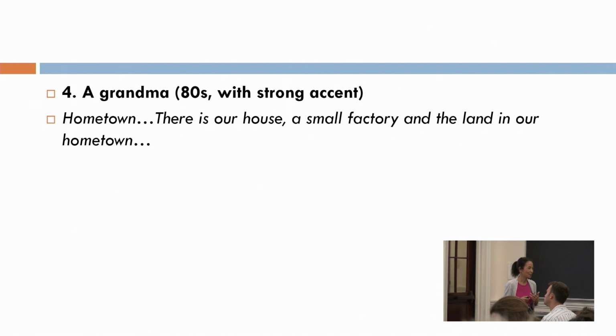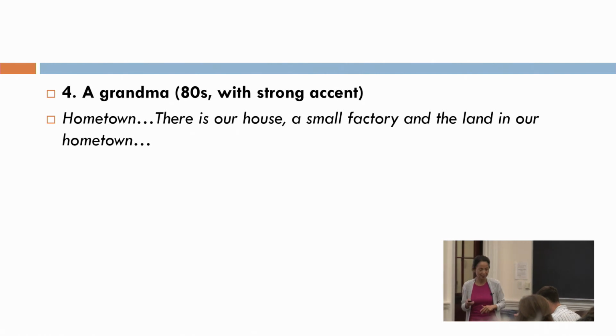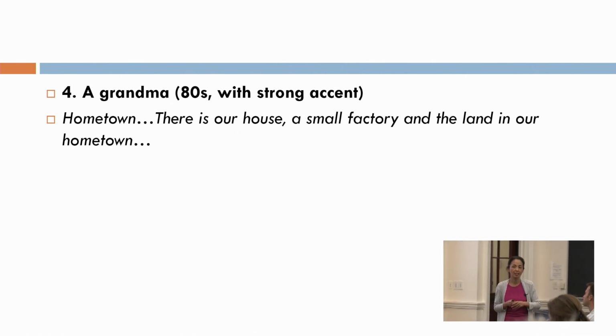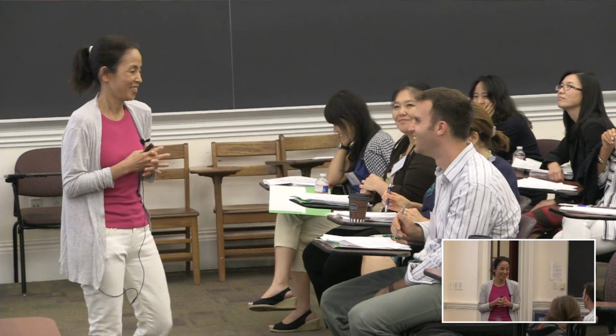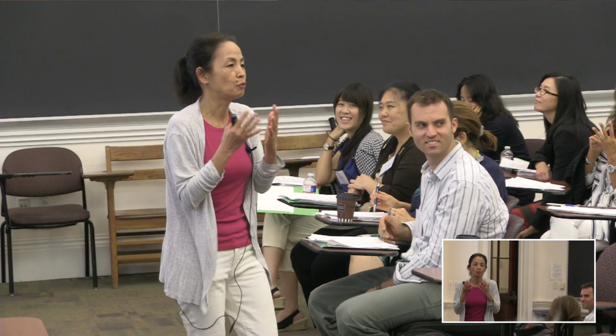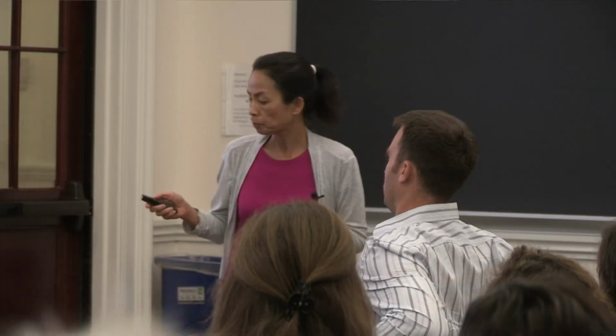Her definition is very concrete property: I have a land, I have a factory, I have a house. Then you see the kids, and you see the generational difference. The kids have not much attachment there. It's a place I have to go, because my parents want to go, a place I maybe miss the food when I'm in another country.